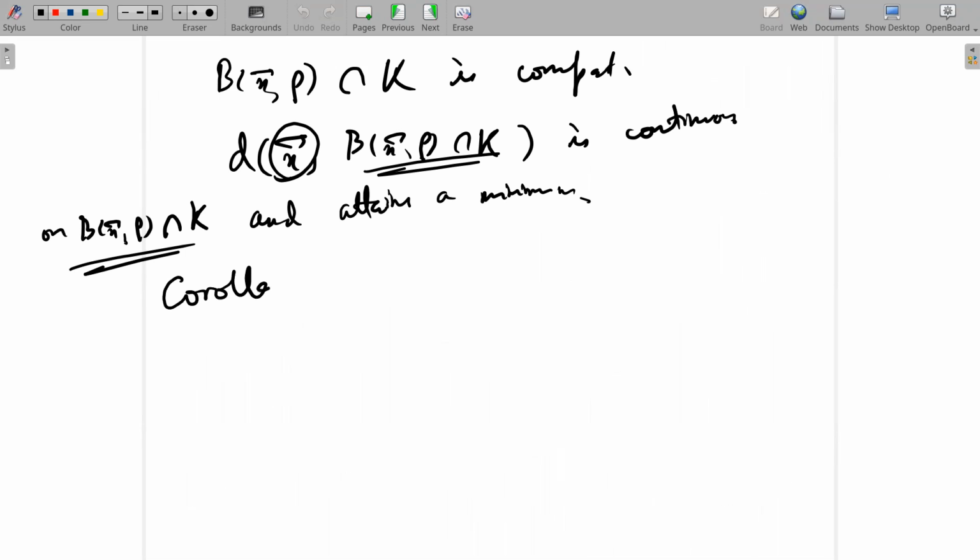Okay. If not, a quick corollary of this is you can choose K. So to every hyperplane, there is a projection, like there is a closest point.